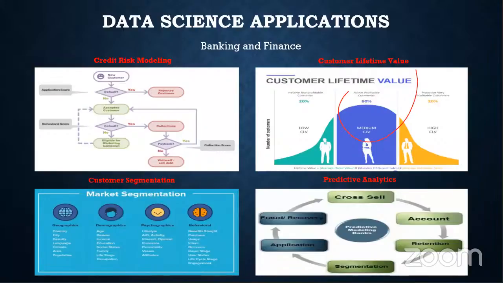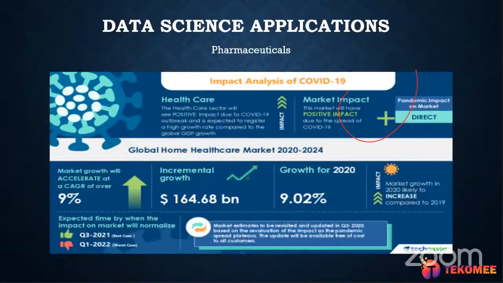So these are a few of the well-known examples of banking and finance. Retail, banking and finance, and healthcare are mostly the industries which use data, right? I tried to cover most of the examples here, but understand that these examples are just a part. Data science applications are huge and vast.